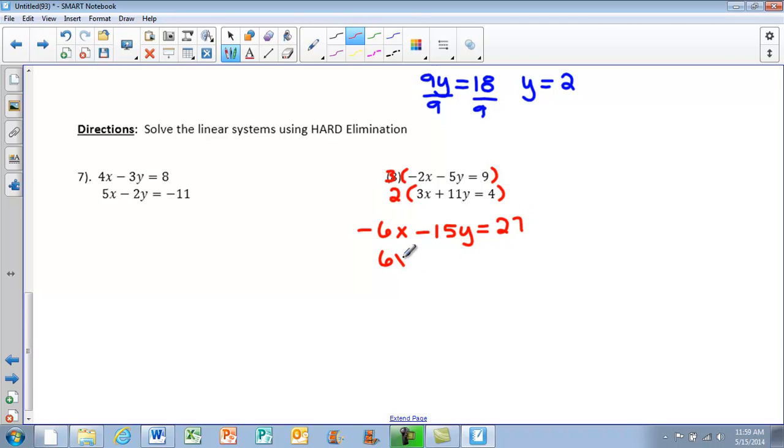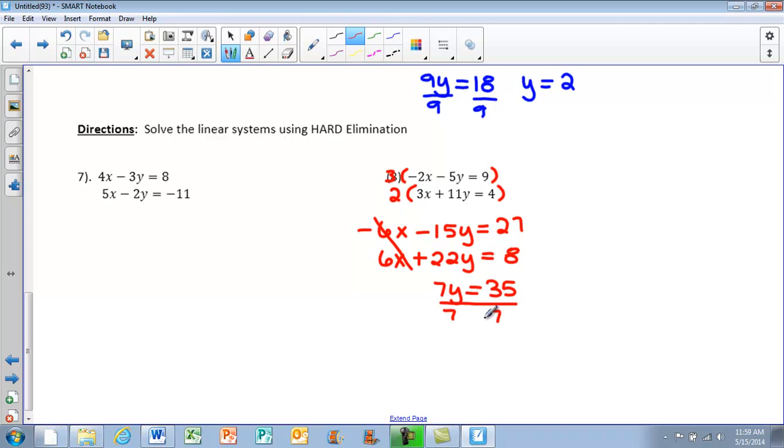My bottom one is going to be 6x plus 22y equals 8. My x's cancel out. Negative 15 plus 22 is going to be 7y. And 27 plus 8 is going to be 35.